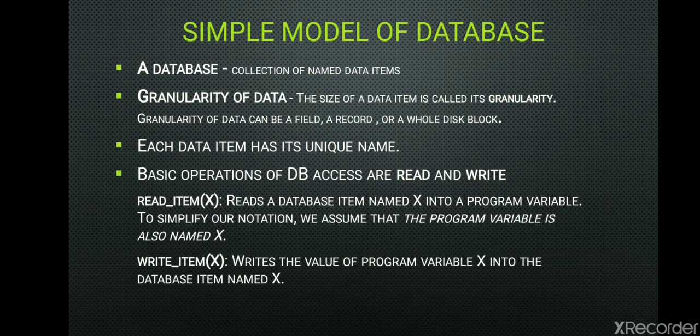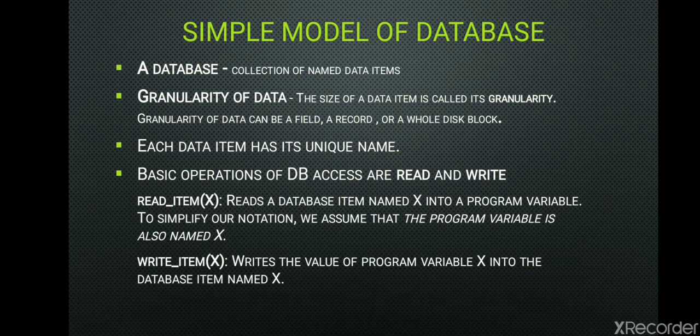So what is granularity of data? The size of the data item is called its granularity. The size is represented as granularity. Granularity of data can be a field or a record or a whole disk block. That means the size can vary for our data.